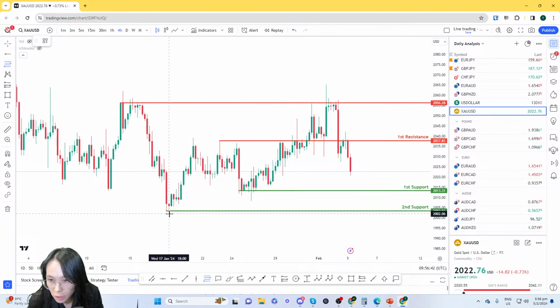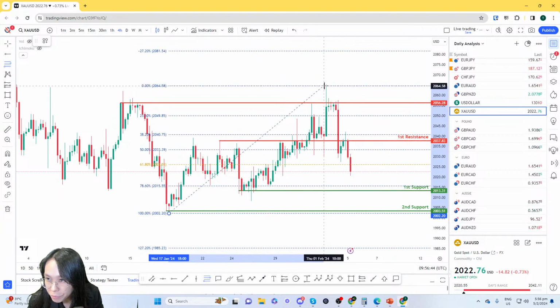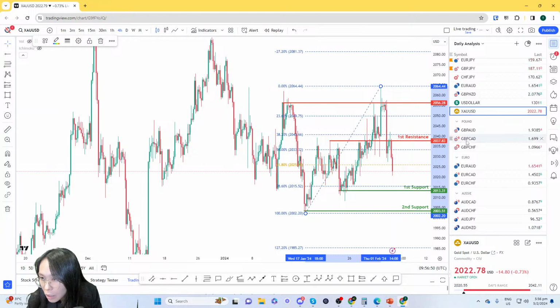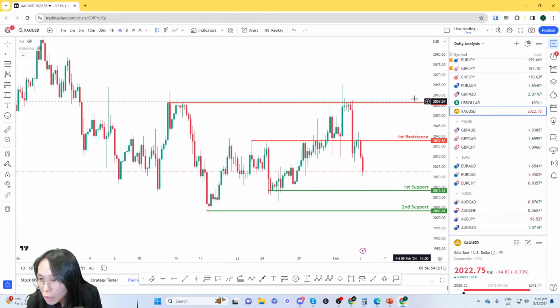I'm gonna try from this. This kind of deviates out too much. We try to draw some. This is not a swing high.